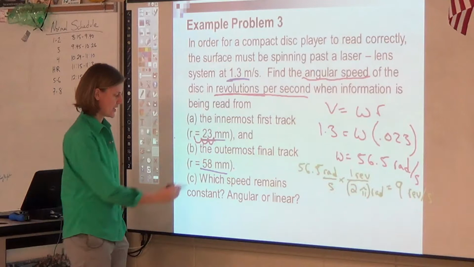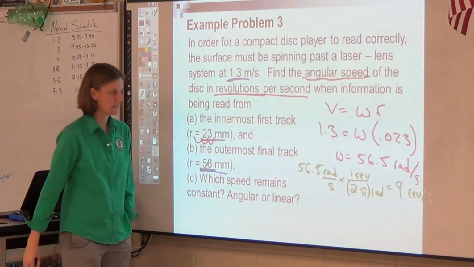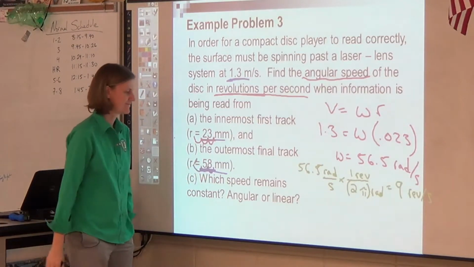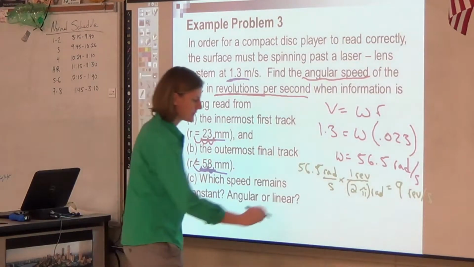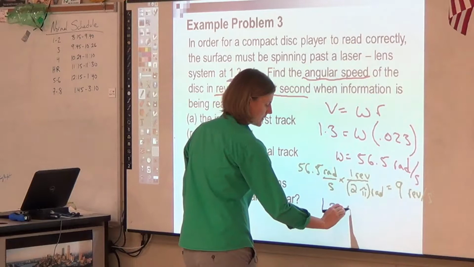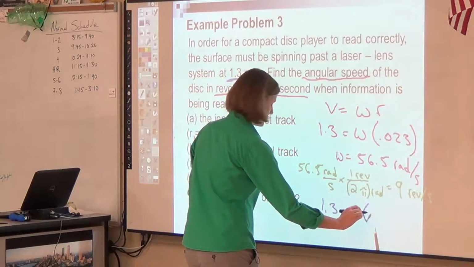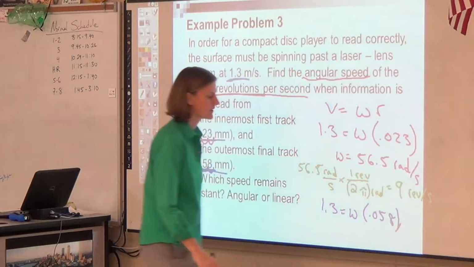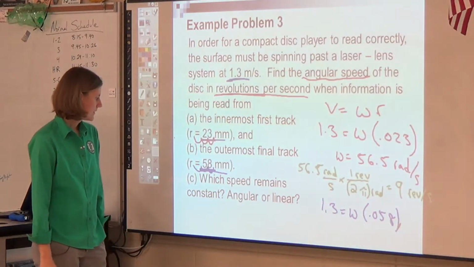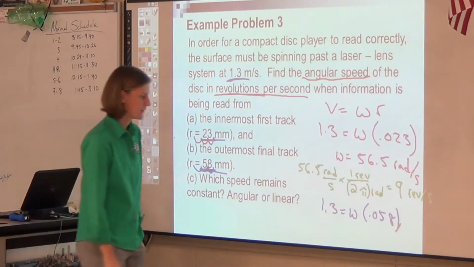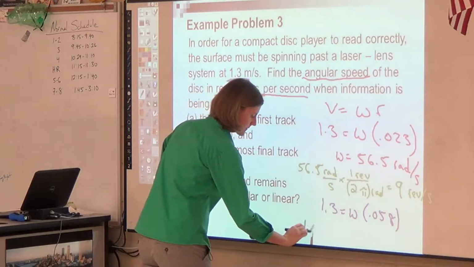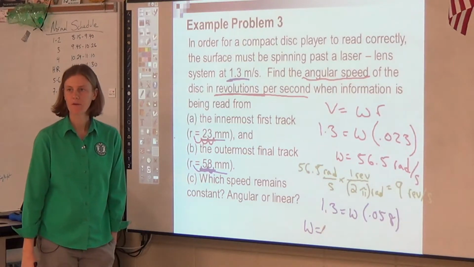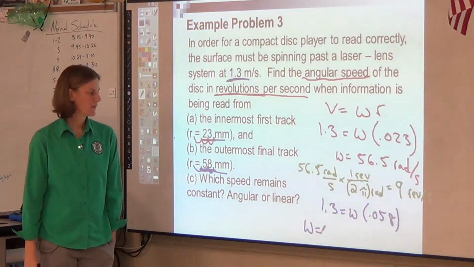Part B, same math, just plug in 0.058 for your radius. And again, this is a bigger radius than part A, so I'm expecting a smaller angular velocity in order to keep that linear speed the same, in order to keep that 1.3 meters per second the same.